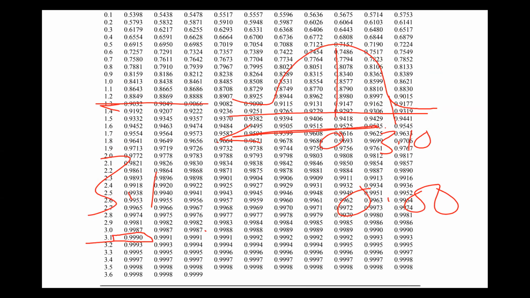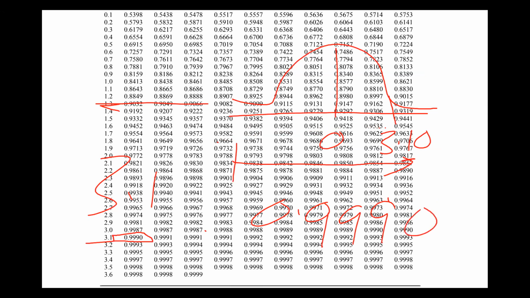This area is representing, according to the diagram above, the area from here up to this critical value, which is the area we are looking for. We are looking for the area that is less than 3.10. So this area is already 0.99. Is that clear?